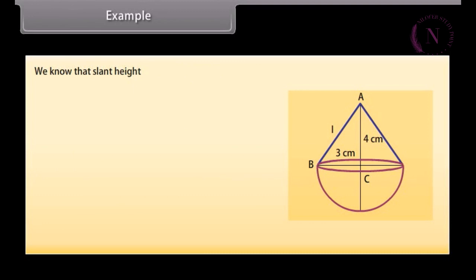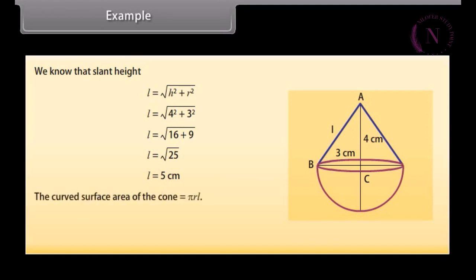We know that slant height l is equal to square root of h square plus r square, which equals square root of 4 square plus 3 square, is equal to square root of 16 plus 9, is equal to square root of 25, equals 5 cm. Now substituting the values of pi, r and l, we get 3.14 into 3 into 5, which is equal to 47.1 centimeters square.